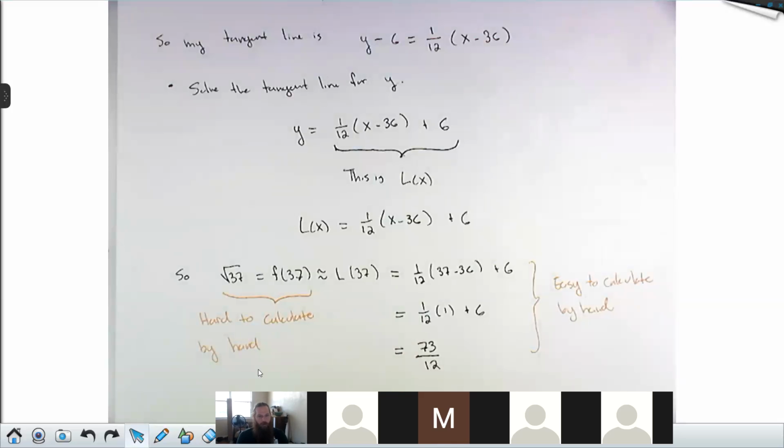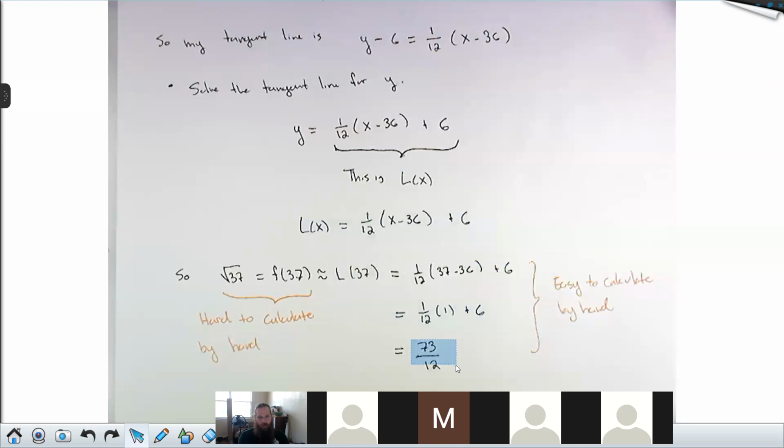So I didn't know what the square root of 37 was when we started this. But now I know that the square root of 37 is real fucking close to 73/12. Real fucking close. And this number, 73/12, I didn't need a calculator at any point to figure that out, right? We were able to get this all on our own by coming up with this linear function and then plugging 37 into that linear function.